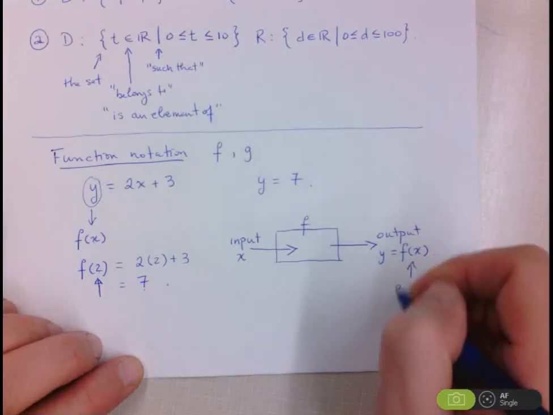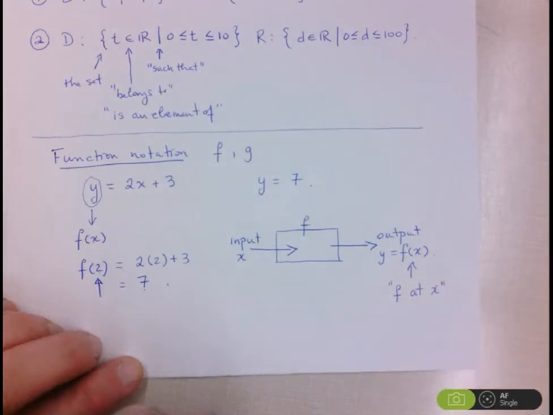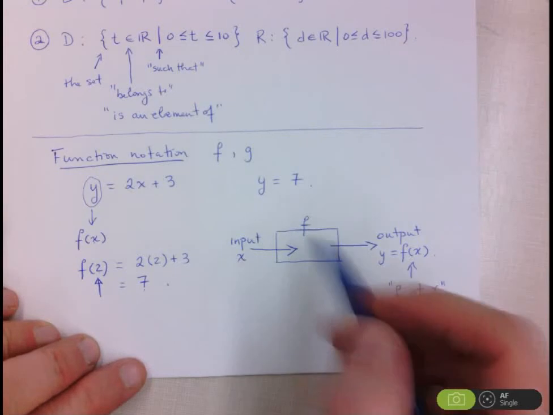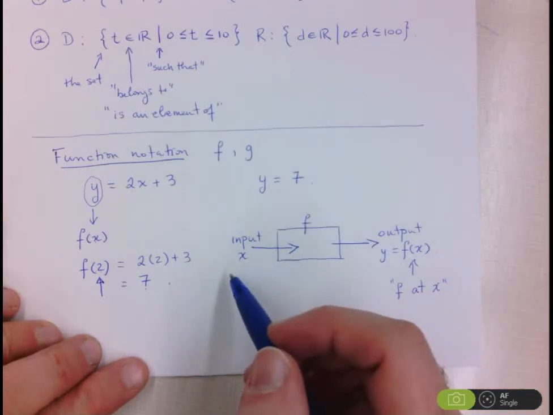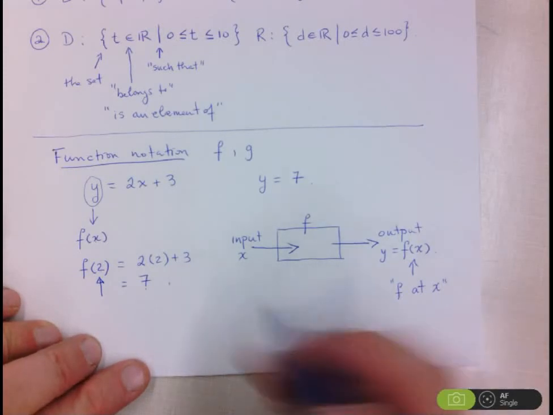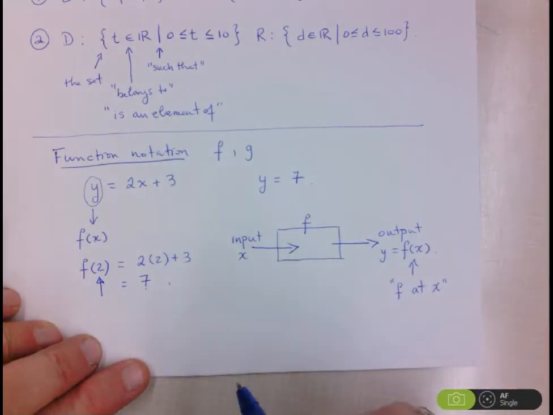So we say this here, f at x. Okay, now if it was the mixer we were talking about, what would it do to take those eggs, flour, and milk and turn it into batter? Well, it would use electricity and paddles and all that to mix everything together to produce the output, which is the batter.